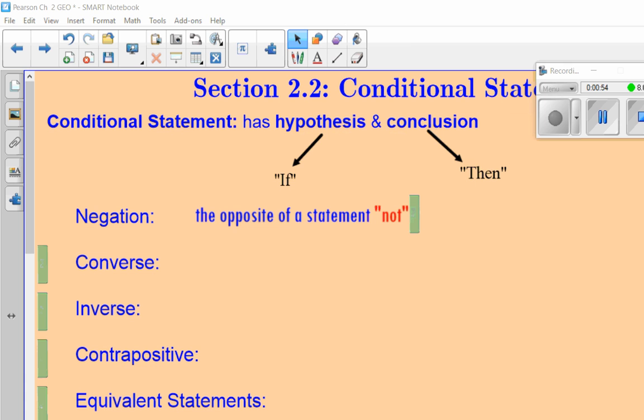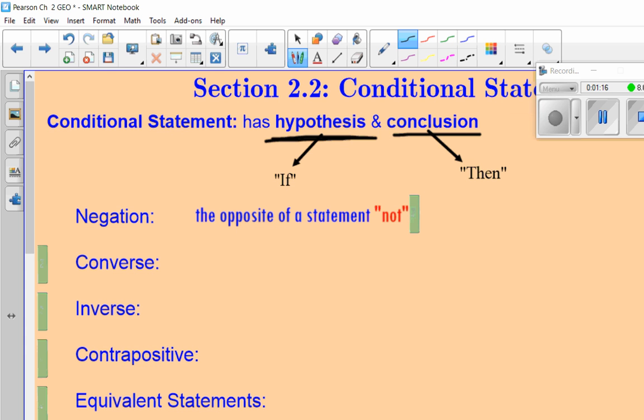In science, we have a thing called a hypothesis. Let's call it an educated guess, or we learned the word conjecture last section. And when you test your hypothesis in science, you're going to be able to get a conclusion.